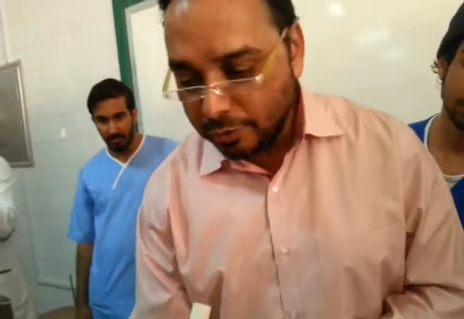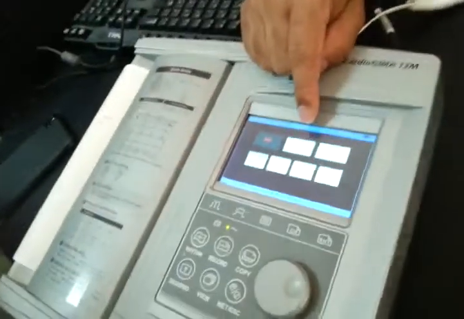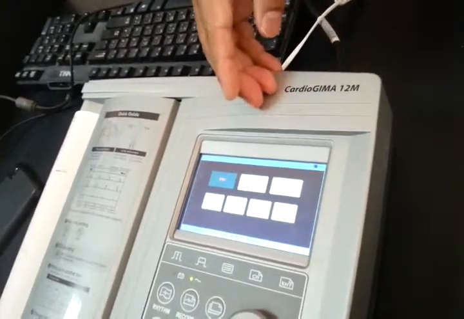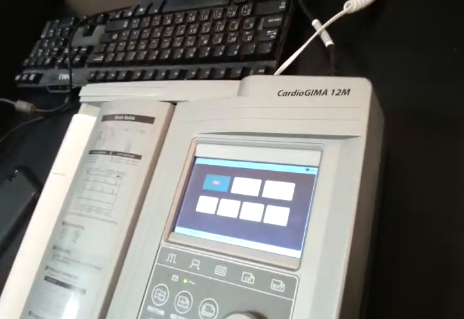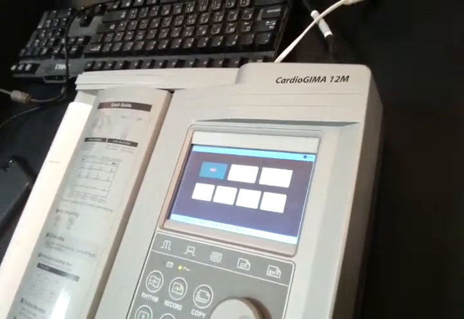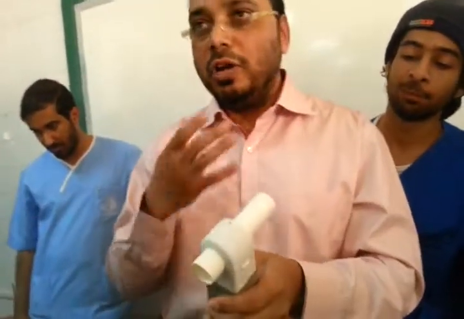Then SVC, slow. This was forced. Here it is slow. This is a new term that has been introduced. Basically, you won't find it in the books. For SVC, you slowly carry out inspiration like vital capacity, the same. The only difference is there is no force here. Fill your lungs to the maximum.